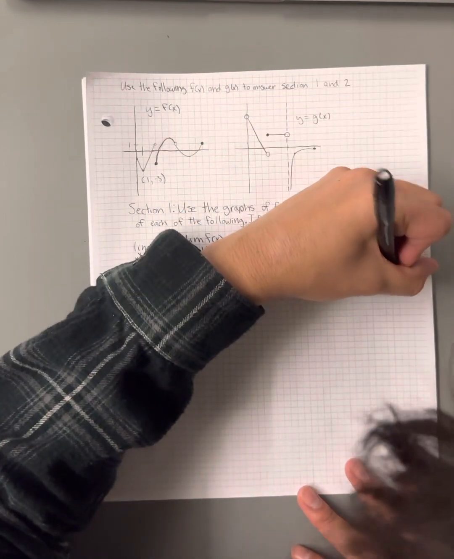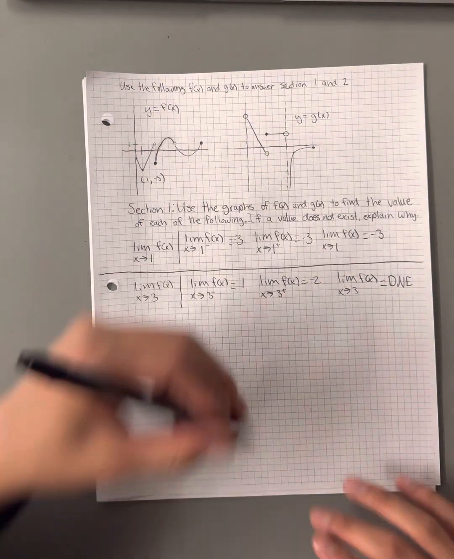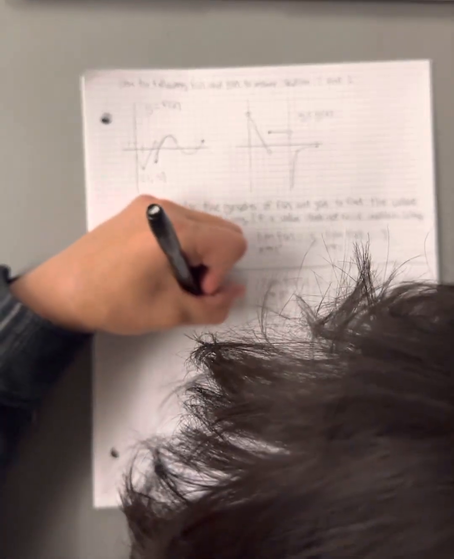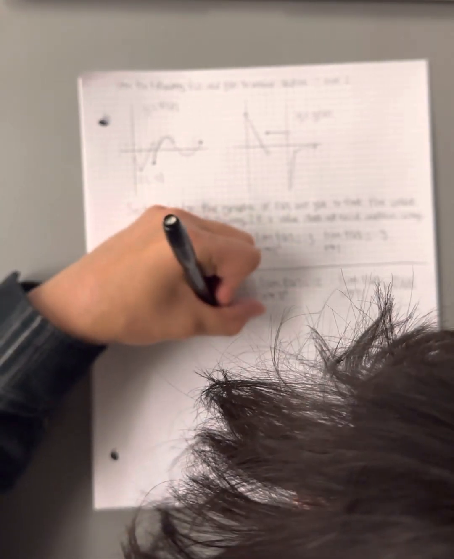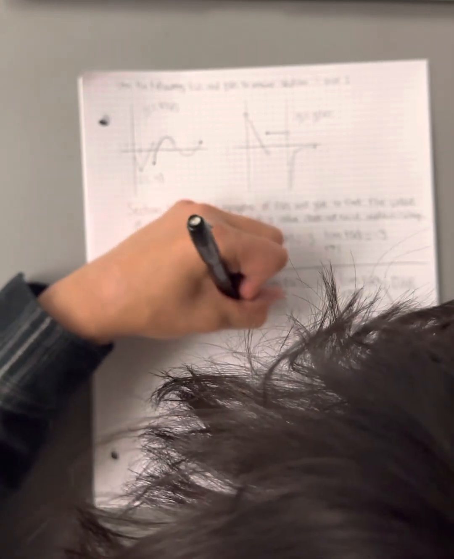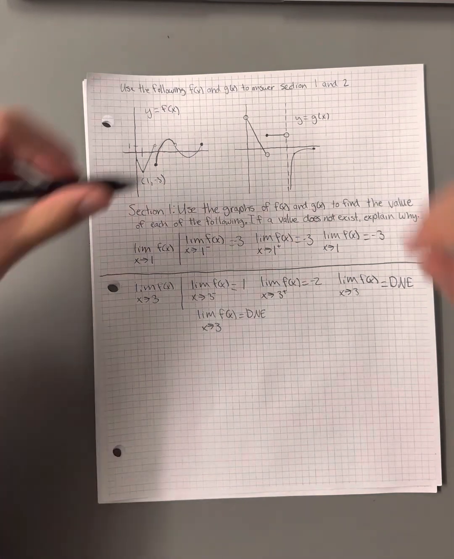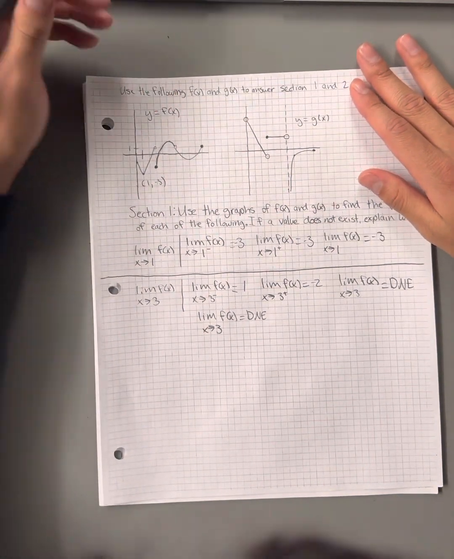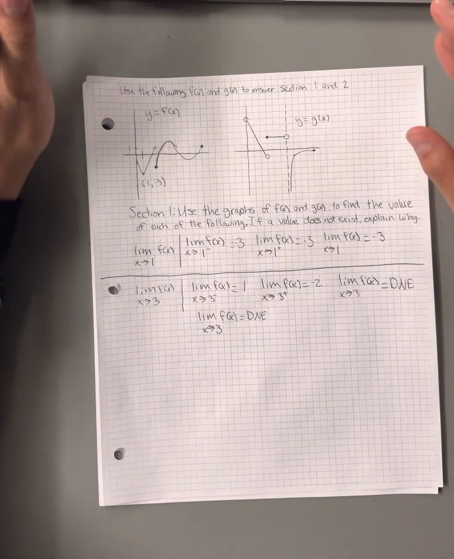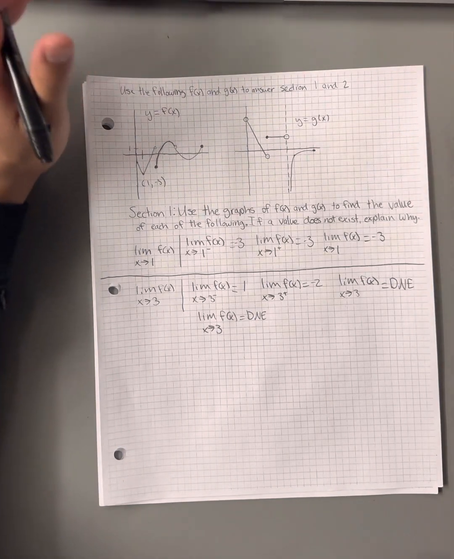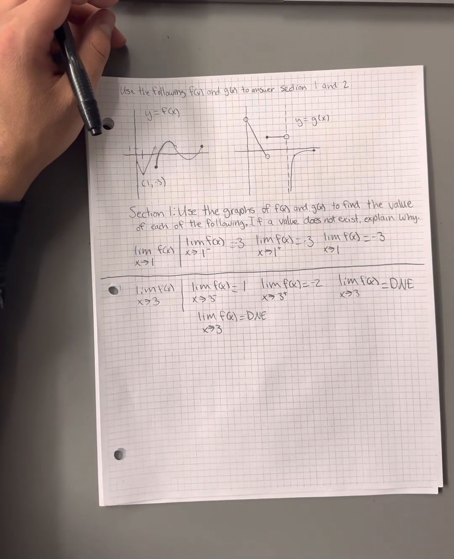So what do we do about this? The limit does not exist. And why does it not exist? This is because it doesn't approach the same number. It doesn't approach the same value, meaning if you were to try to figure out what the function approaches at x equal to 3, you don't have a value.